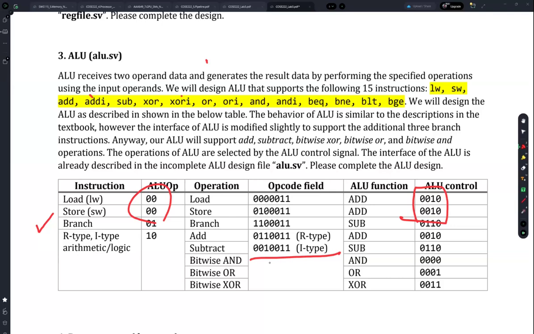So this ALU supports the four instructions like addi, xori, andi. But for this design, you don't need to consider this case. We can just consider this ALU control signal, right? And then based on the ALU control signal, we can define the function of the ALU, right?